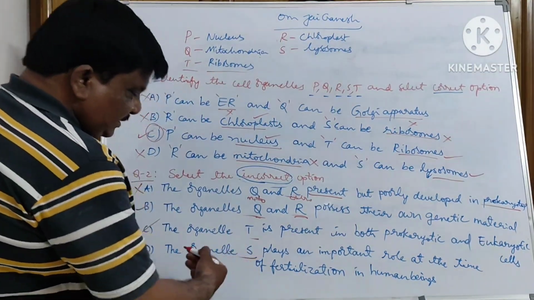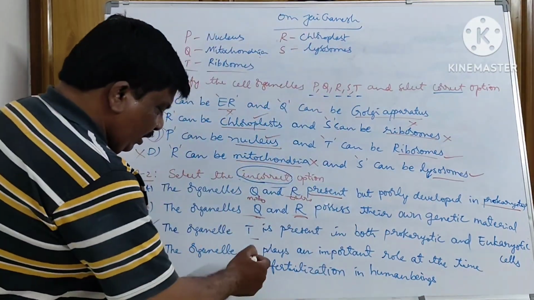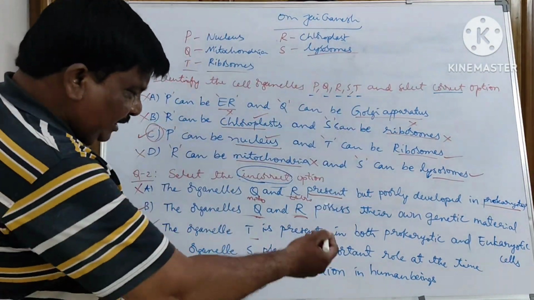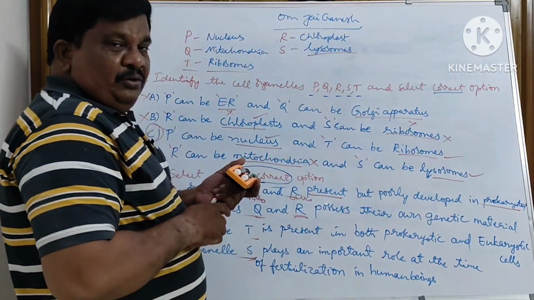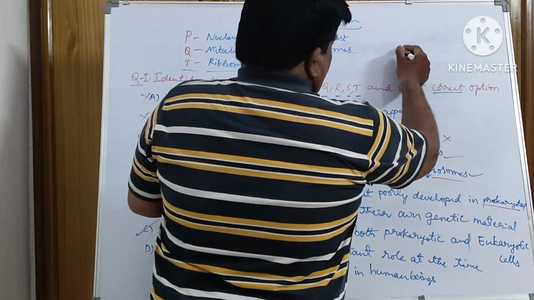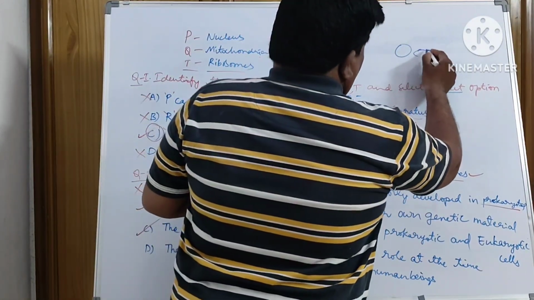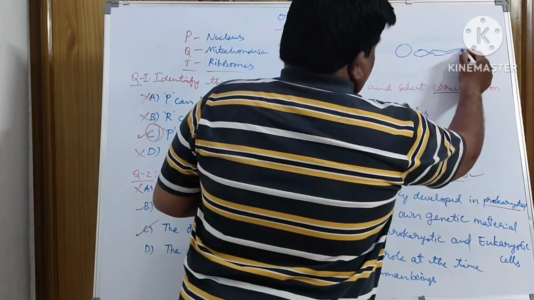The organelle S plays an important role at the time of fertilization in human beings. What is S here? S is lysosomes. How do lysosomes play an important role in fertilization? Children, do you know the structure of a sperm? Fertilization means fusion of sperm with ovum. A sperm has a head, neck, middle piece and tail.